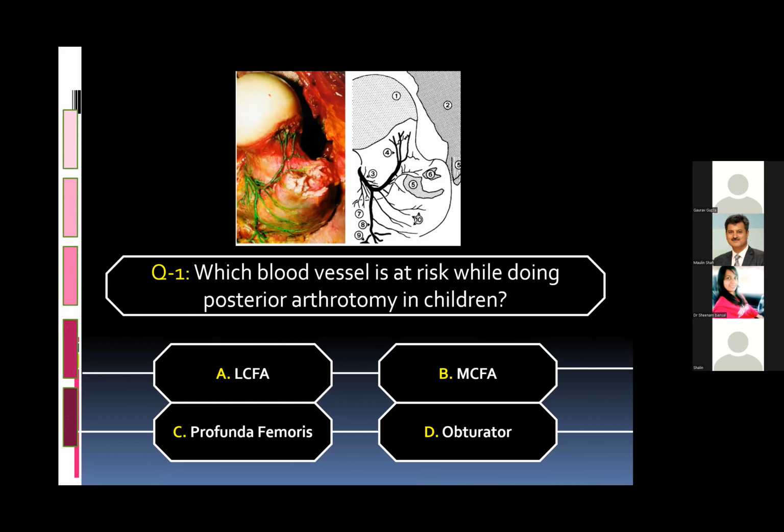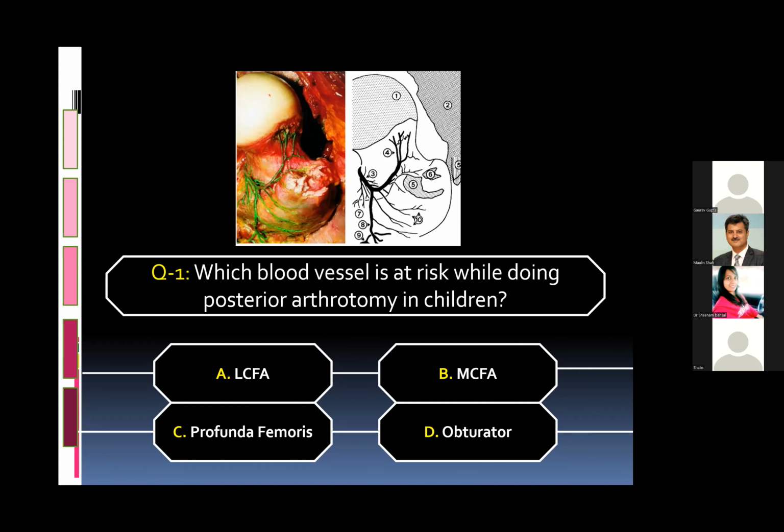Which blood vessel is at risk while doing posterior arthrotomy in children? That is medial circumflex femoral artery. Yeah, there's a very nice paper about anatomy of medial circumflex femoral artery, and it runs along the posterior capsule, and is very vulnerable where we are near the piriformis.